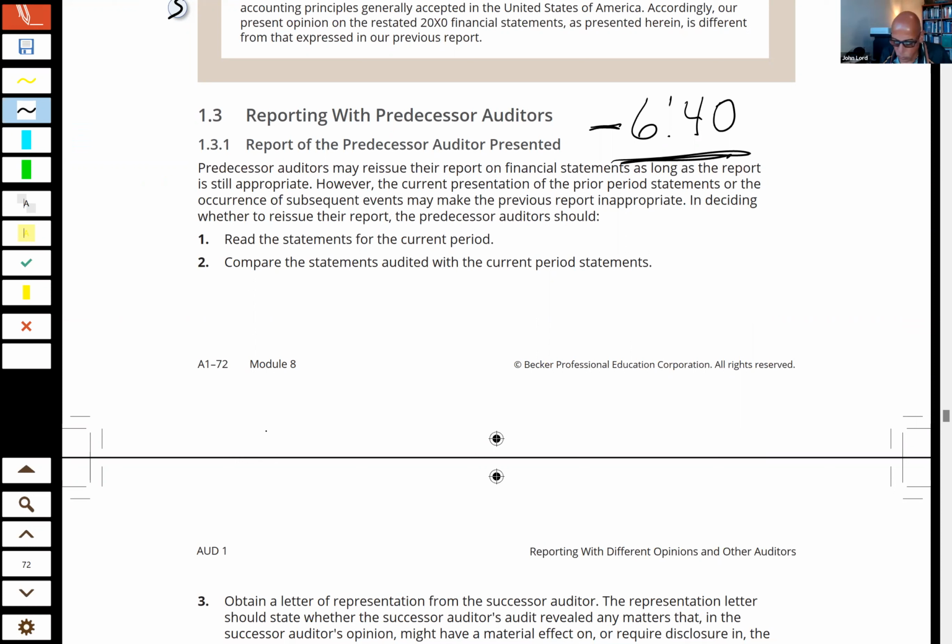And the predecessor auditor's report is going to be presented. Notice that here they put the onus on the predecessor: if you're going to allow your report to be presented, then the predecessor has certain responsibilities.